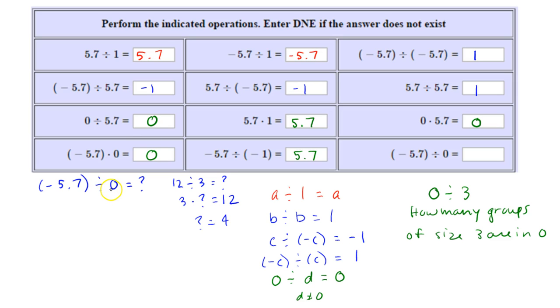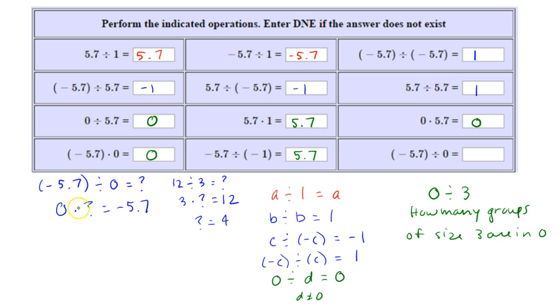So now let's do this with dividing by 0. Negative 5.7 divided by 0. Notice, comparing, the 0 is like the 3. So 0 times question mark equals, and the 12 is like the negative 5.7. They're in the corresponding spots.